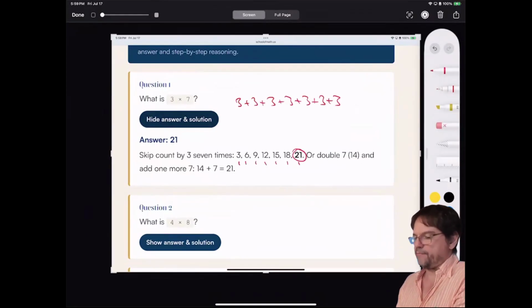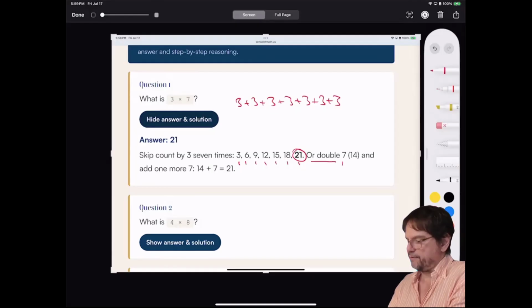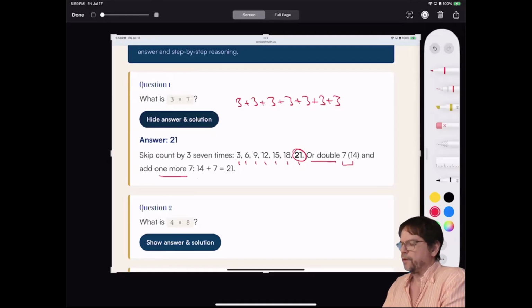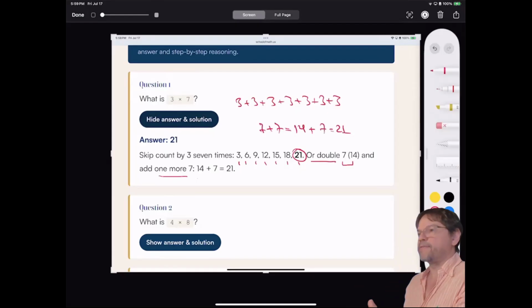Or double the 7, 14, and add one more. But this is too complicated, okay? You double the 7, 14, and then add one more. 21. All these things are important, Sloan.